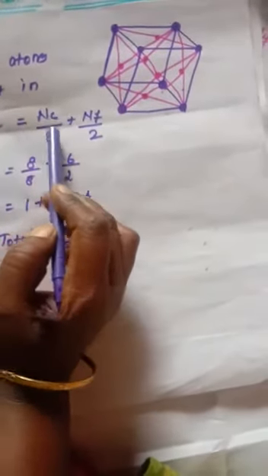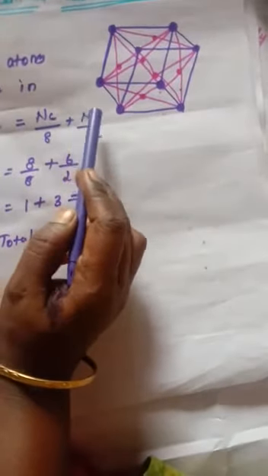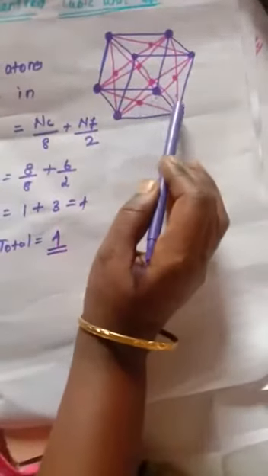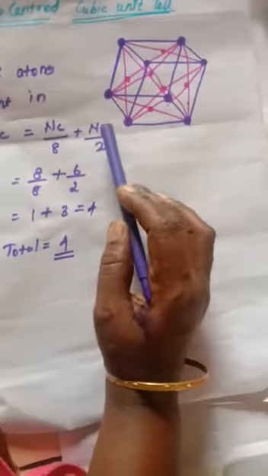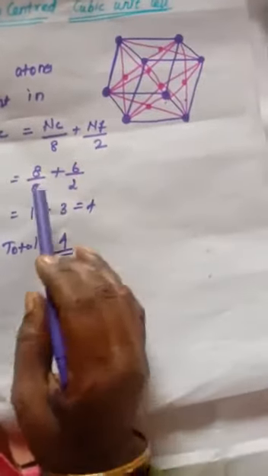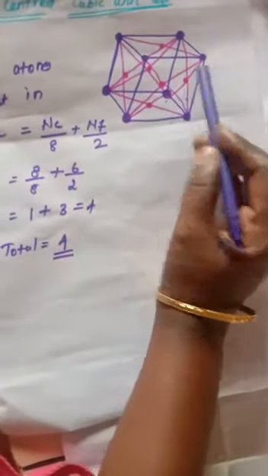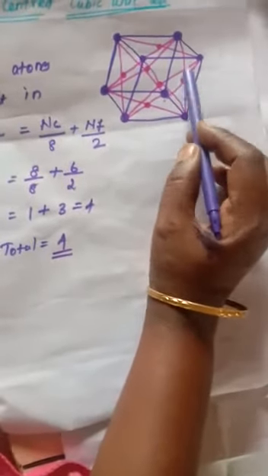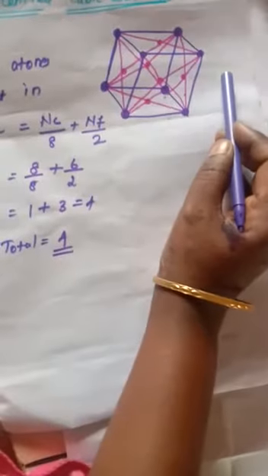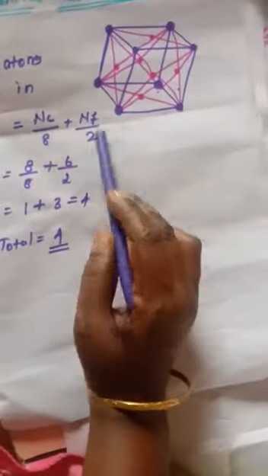So the number of atoms present in the face centered cubic unit cell is Nc divided by 8 plus Nf divided by 2. Nc means the number of atoms present at the corners, and Nf means the number of atoms present at the faces. Each atom, ion or molecule present at the faces is shared by 2 unit cells, so I have written 2.